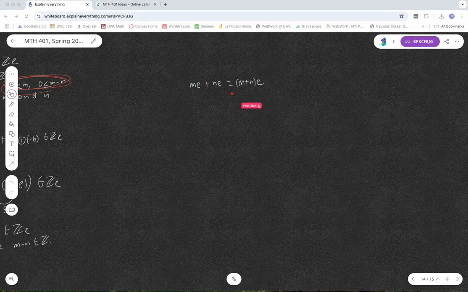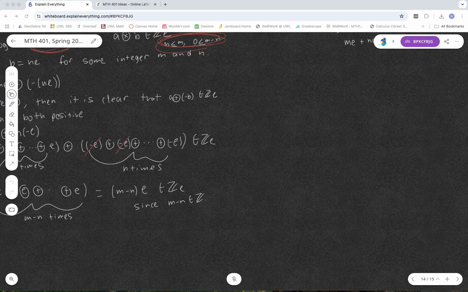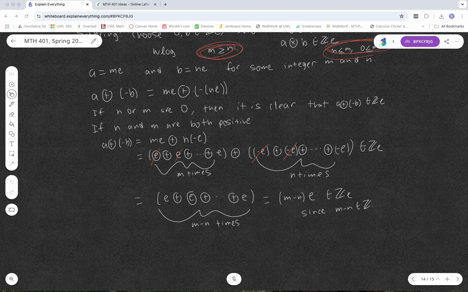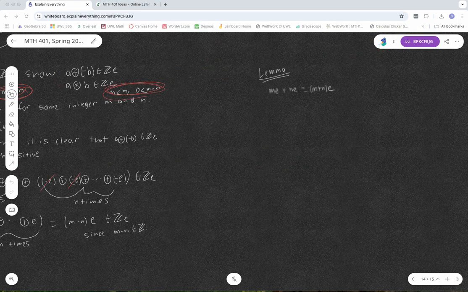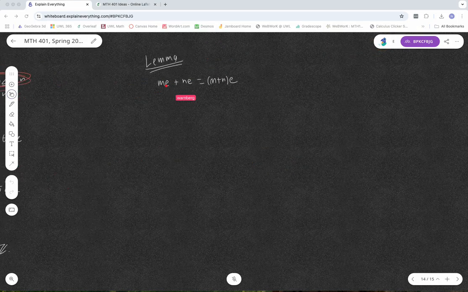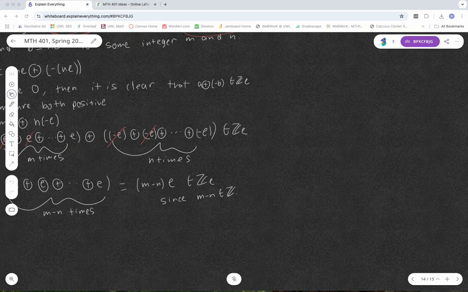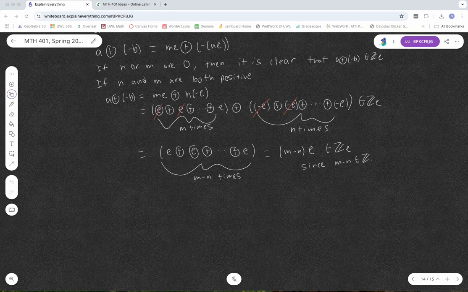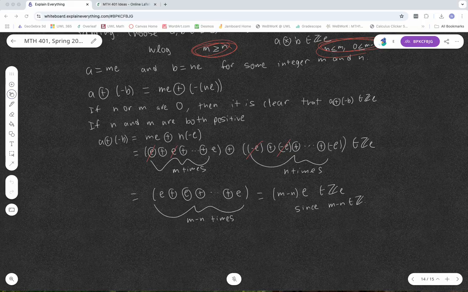And I want this to be true for any value of M and N. Maybe I just prove that lemma first, and that would make everything nicer. That would make this pretty slick. It'd be a lot of work though, because you'd have to think about M and N being... yeah, we're essentially just proving that lemma right here. All right, we're going to prove that lemma.